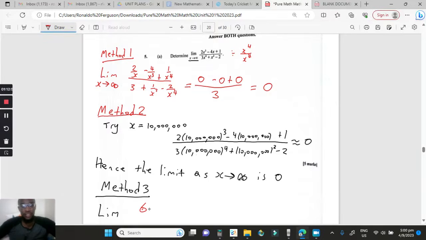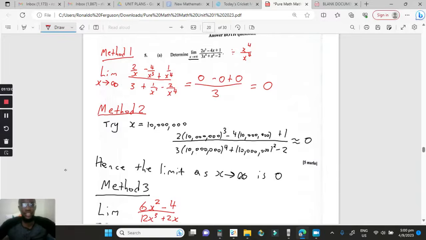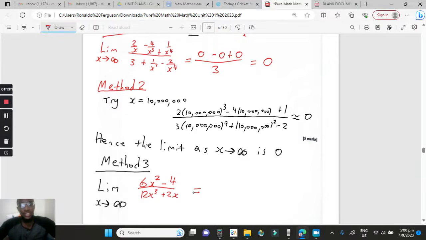So differentiate 2x cubed, we get 6x squared minus 4 over, differentiate this, 4 times 3 is 12x cubed plus 2x. Now, when do you stop differentiating? You stop when you can plug in infinity. We still get infinity over infinity, so we differentiate again to get 12x over 36x squared plus 2.